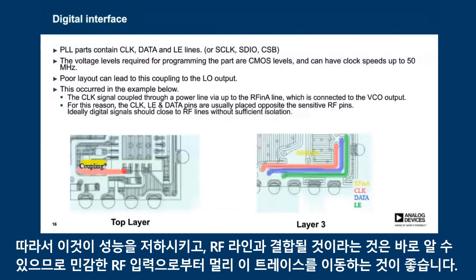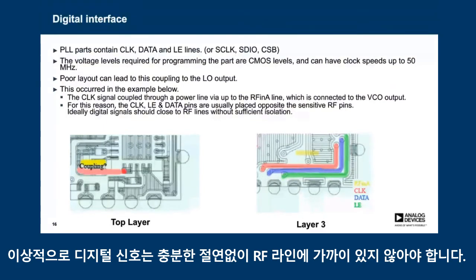We realized pretty quickly that this was going to couple onto the RF line, so we recommended moving those traces away from that critical RF input. Ideally, digital signals shouldn't be close to RF lines without sufficient isolation.